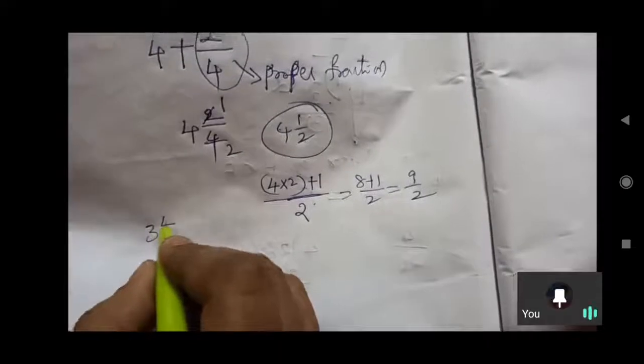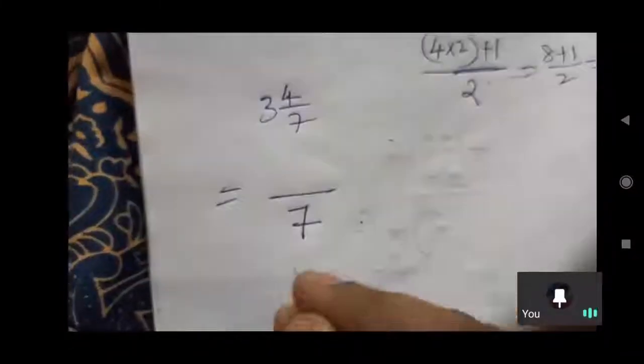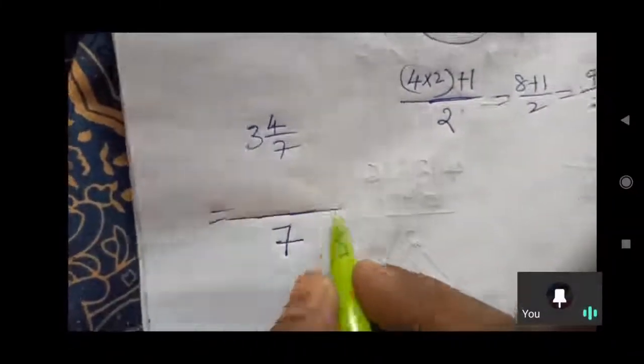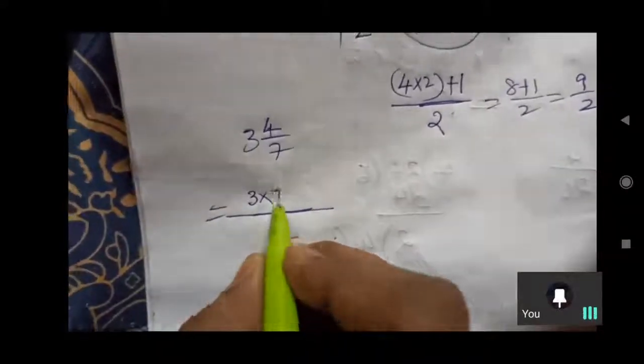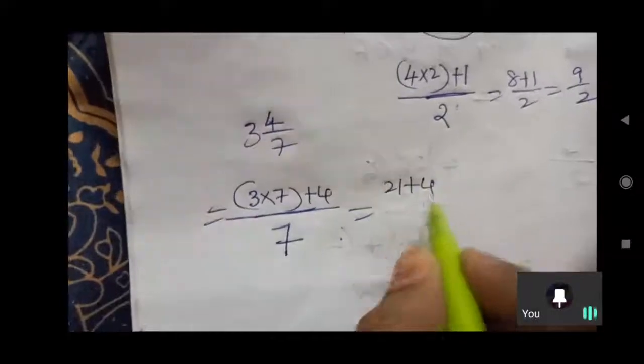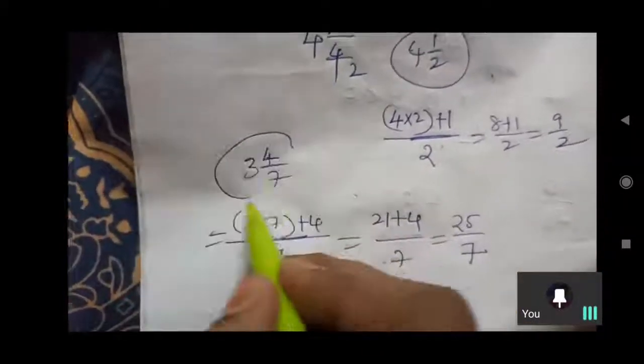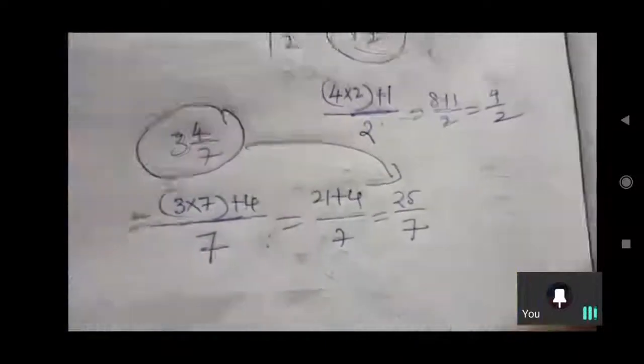Or else I'll consider another fraction, 3 4 by 7. Keep 3 into 7 plus 4 in the numerator and 7 as the denominator, which is 21 plus 4 by 7, so 25 by 7. We can make a mixed fraction improper like this.